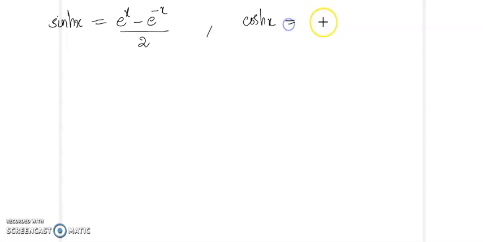And we usually denote them as, this is the notation for hyperbolic sine of x. We write it as sinh x. So sinh x is defined as (e raised to x minus e raised to minus x) by 2, and cosh x is defined as (e raised to x plus e raised to minus x) by 2.